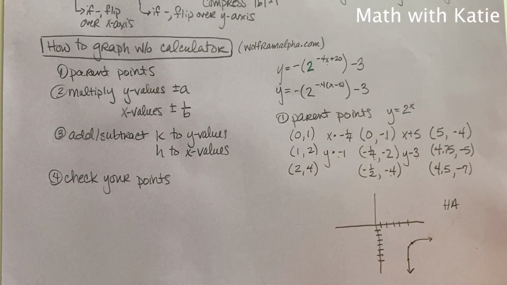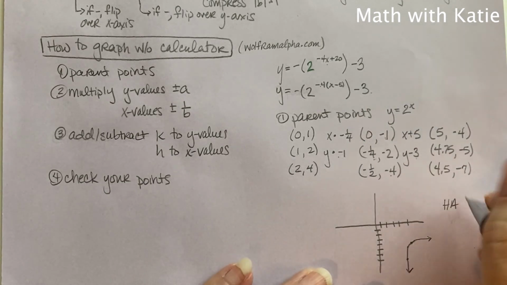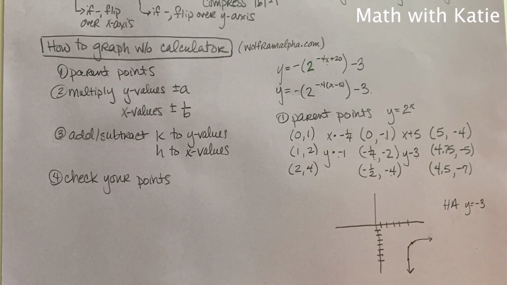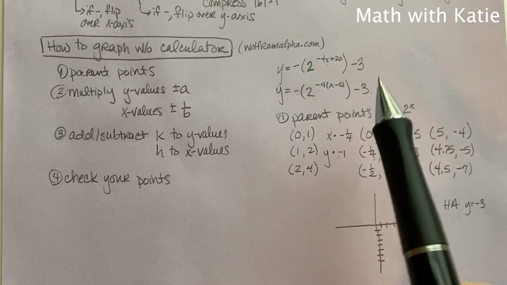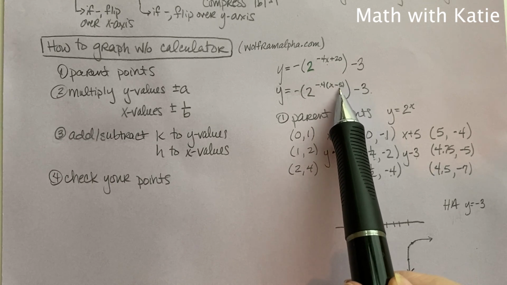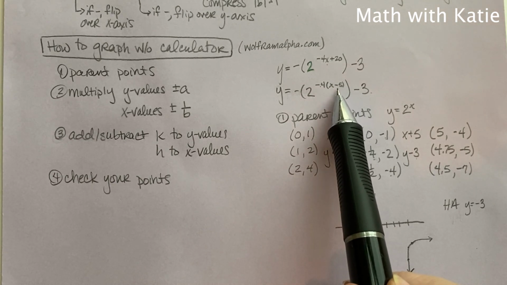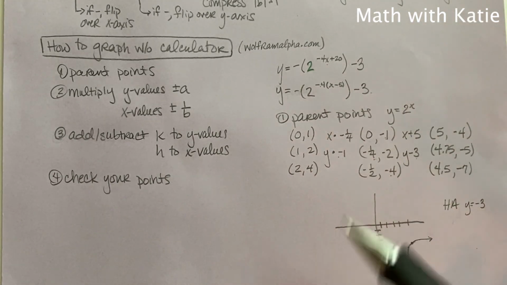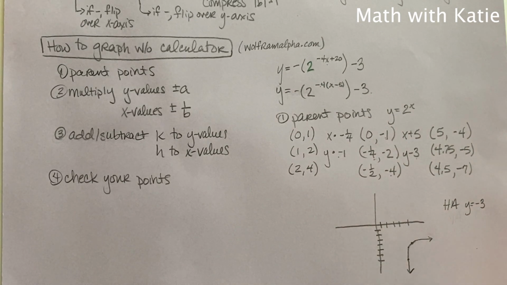So since our horizontal asymptote starts at 0, if we move the graph down 3, our horizontal asymptote is going to be y equals negative 3. And same thing goes for the log function with the vertical asymptote, except that vertical asymptote is going to be controlled by this value, the h value, right? If it's x minus 5, then we know that our vertical asymptote is going to be x equals positive 5.